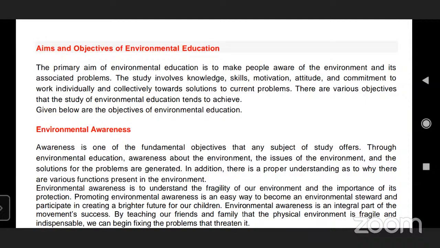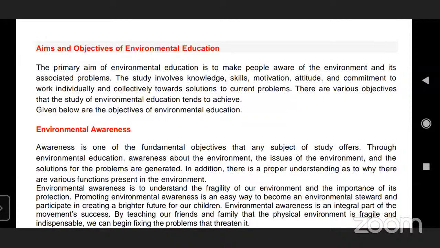The study involves knowledge, skills, motivation, attitude, and commitment to work individually and collectively towards solutions to current problems. Each and every person has to feel responsibility.